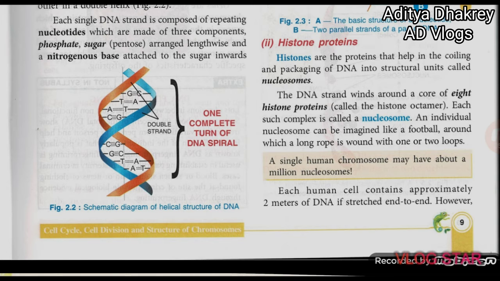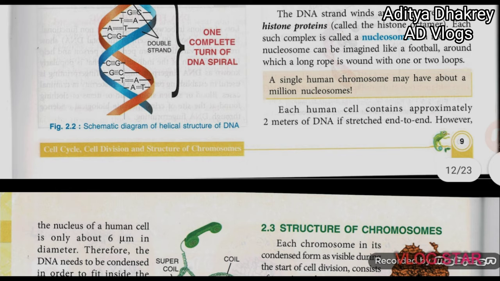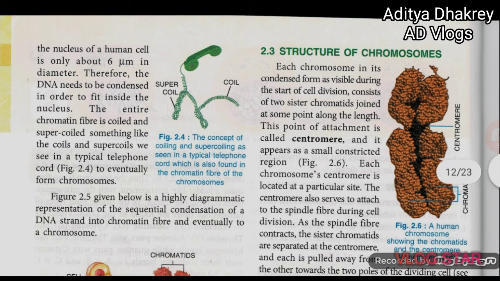A single human chromosome may have about 1,000,000 nucleosomes. Each human cell contains approximately 2 meters of DNA if stretched end to end. However, the nucleus of a human cell is only about 6 micrometers in diameter. Therefore, the DNA needs to be condensed in order to fit inside the nucleus.